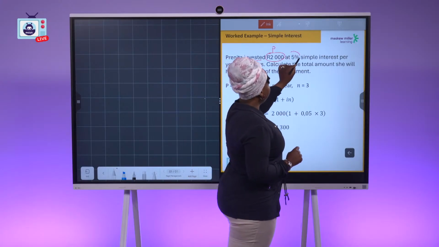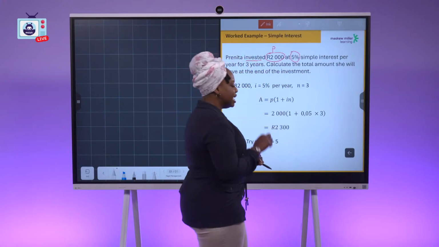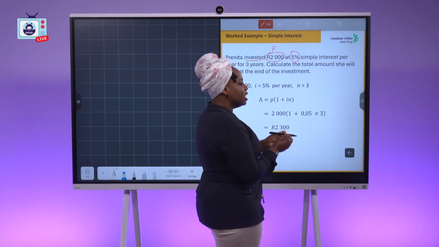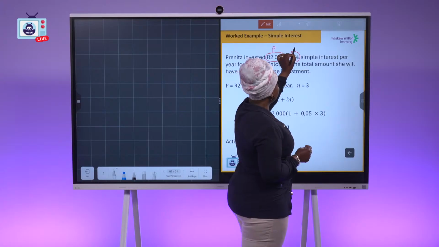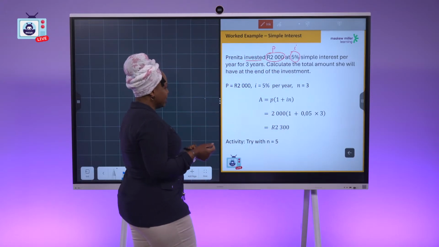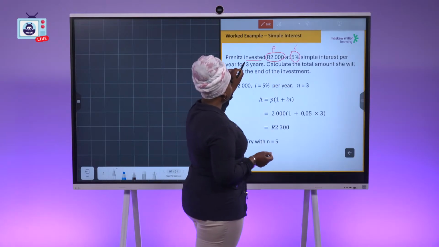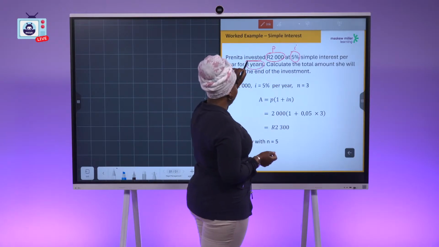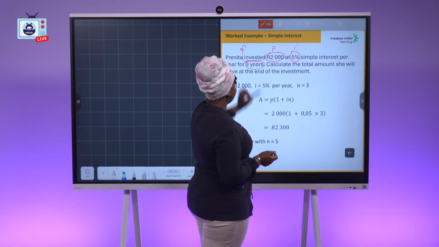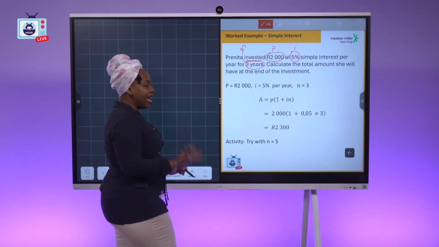And we have a 5%, which is a simple interest, right? So we did say that the 5% will then be the rate, so we're going to call that an I, right? That is our interest rate. Then we have the years, which we are given to be 3 years, which means that 3 will then represent our N.